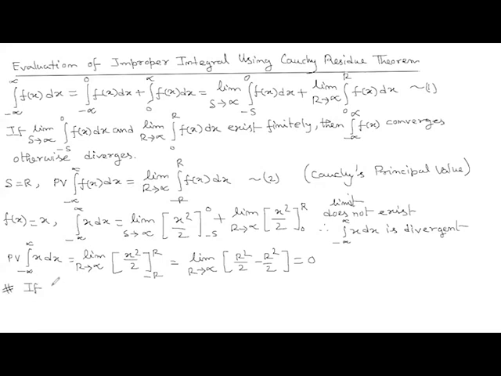If Cauchy's principal value of this integral exists finitely, then that does not imply the integral converges. That means to get a general result regarding the existence of this kind of integral, we have to allow S and R to vary independently.